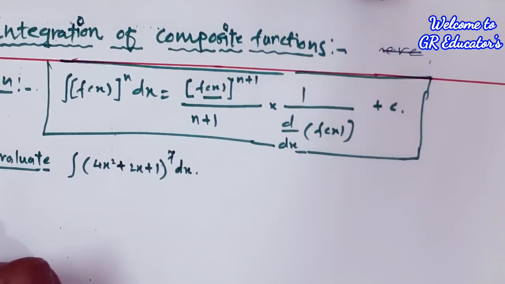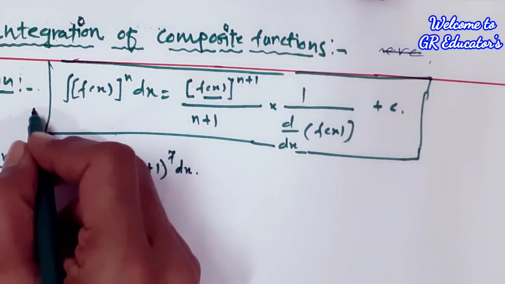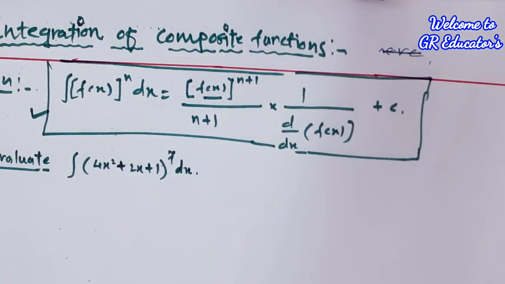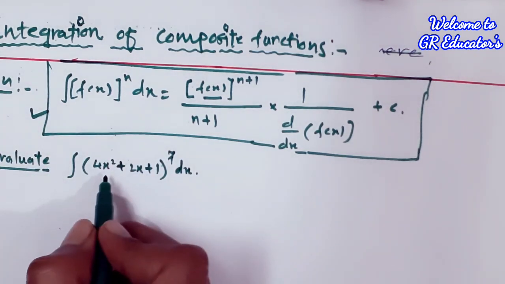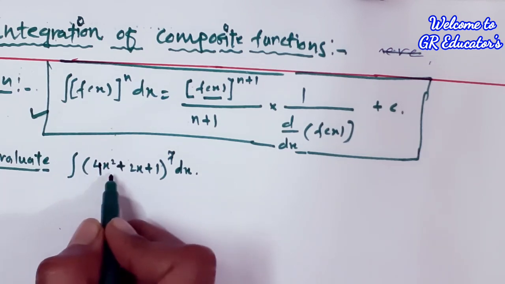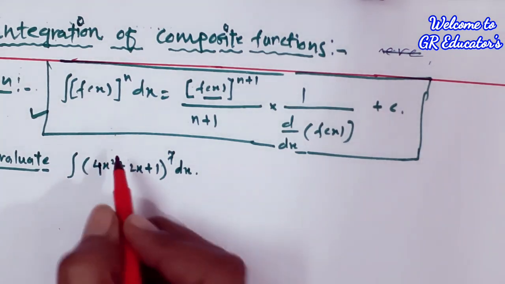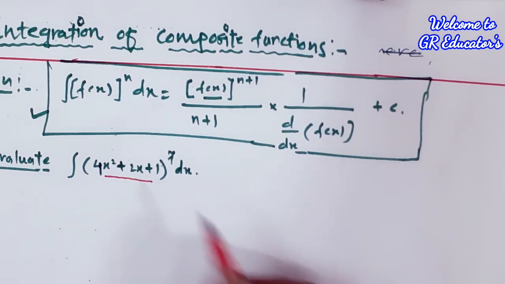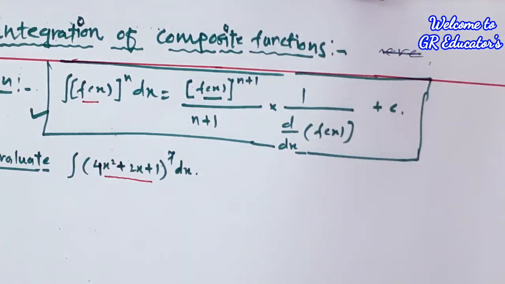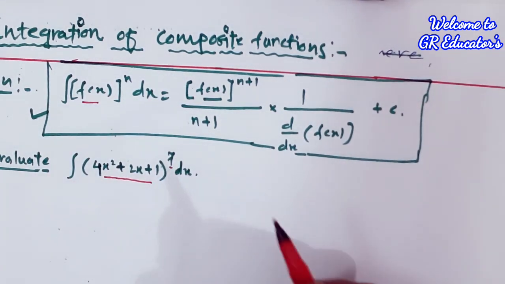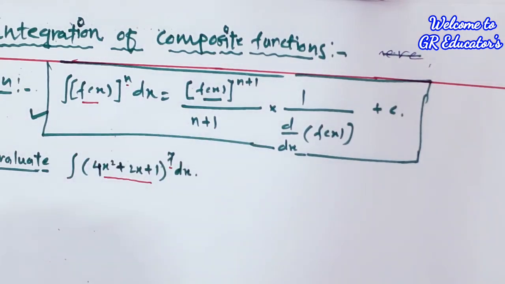Now such kind of examples will be solved with the help of this formula. This bracket term, 4x square plus 2x plus 1, we can consider as f of x, and the power, that is 7, we can consider as n.